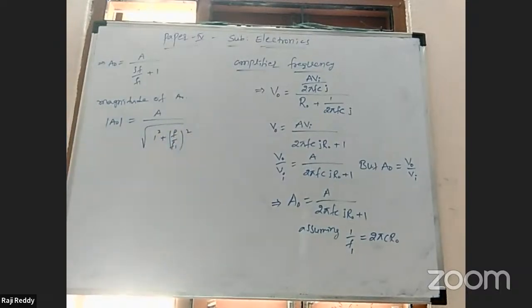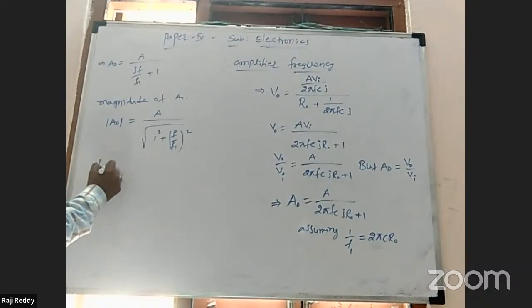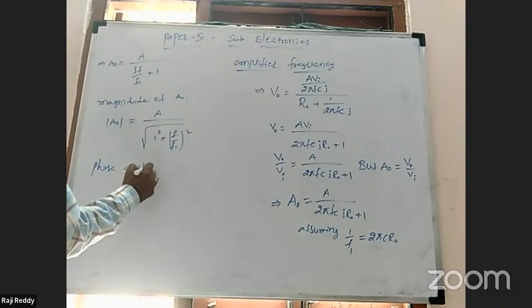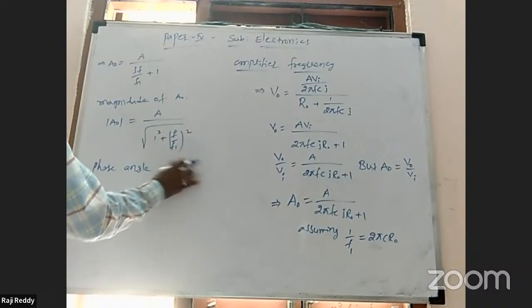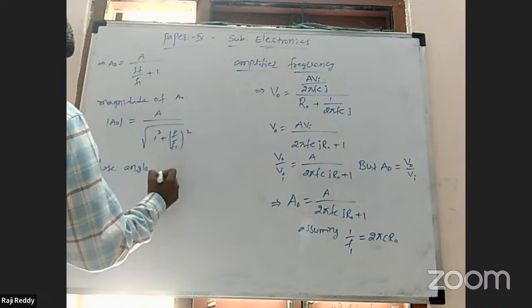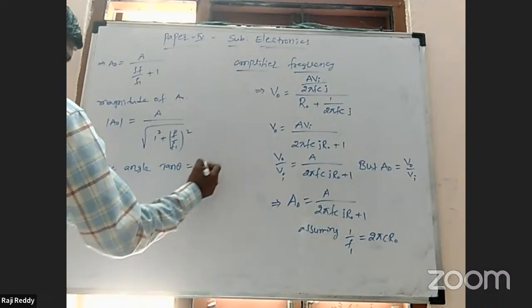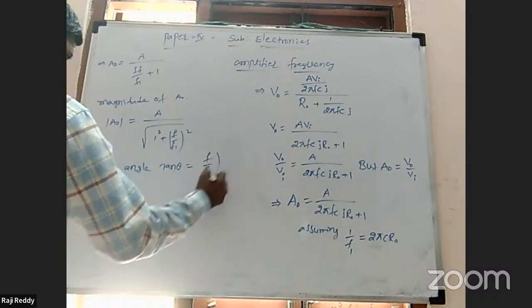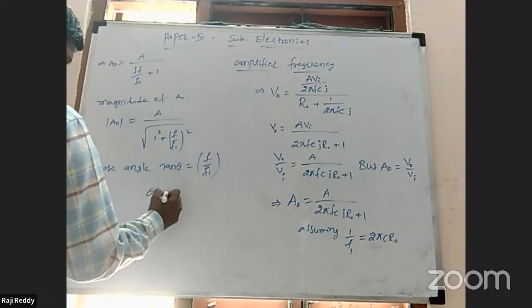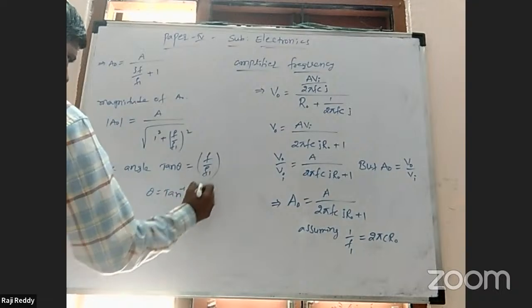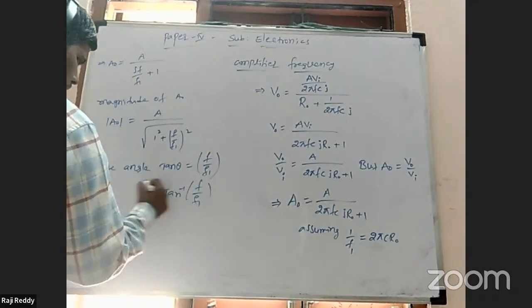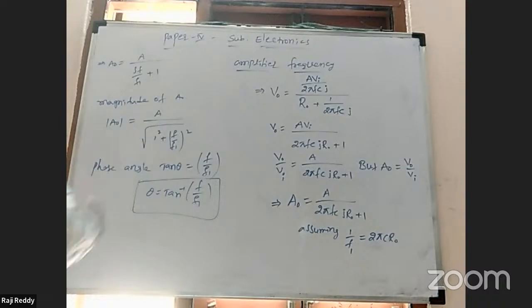If you want to calculate the phase angle theta, tan theta is the opposite side by adjacent side, so we'll get f by f1. From that, if you want to calculate theta, then theta is tan inverse of f by f1. So from this, you can go through the diagram part.